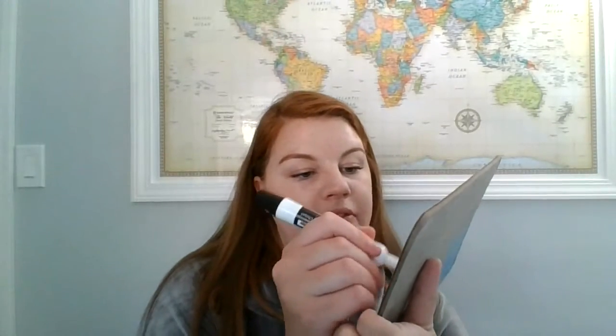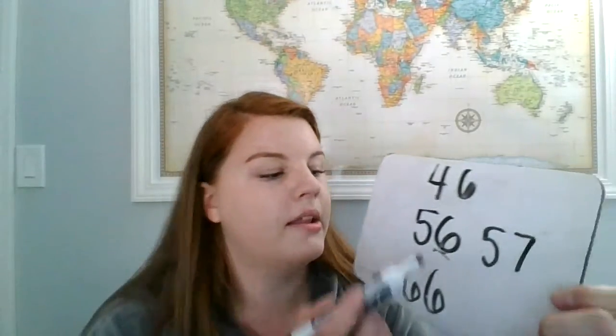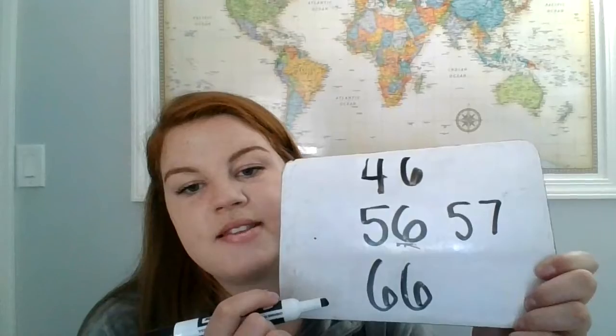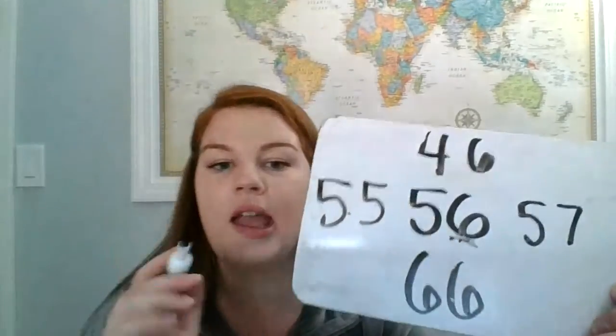The 50 is still there, and 1 bigger than 6 makes 57. Let's take away 1. What would be 1 less than 6? It would make it 5, which means the tens stay 50, and then 5 is 1 less than 6.